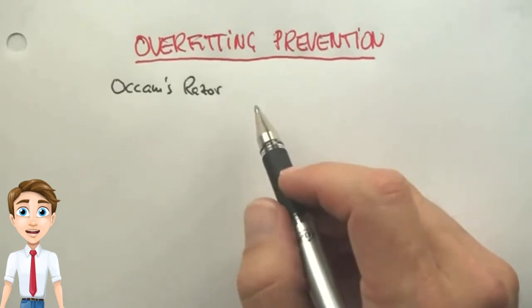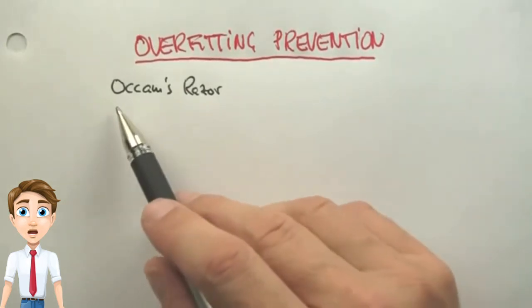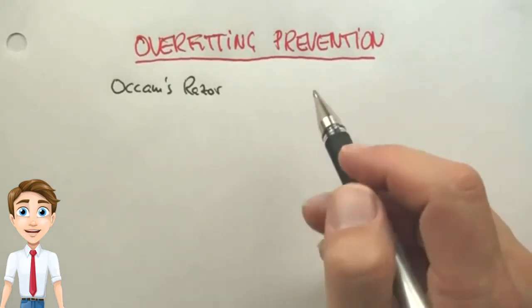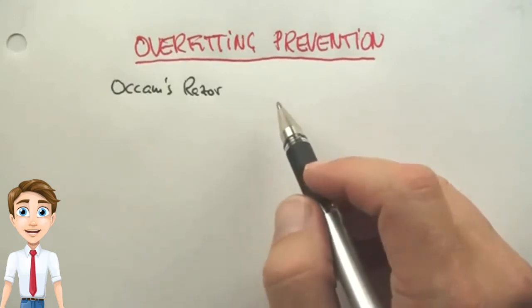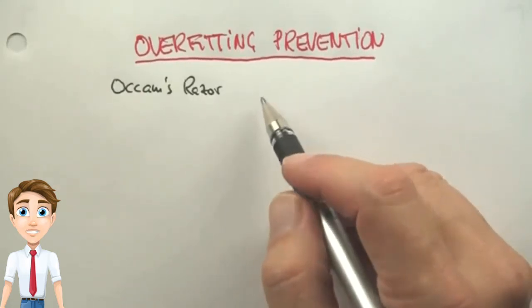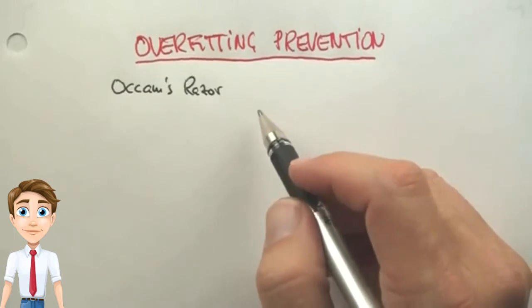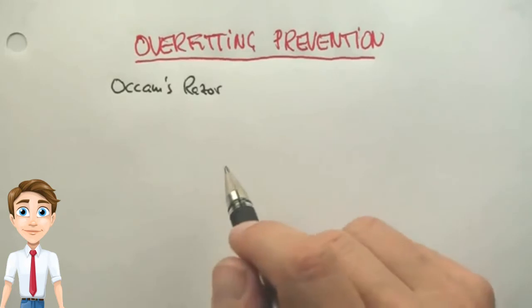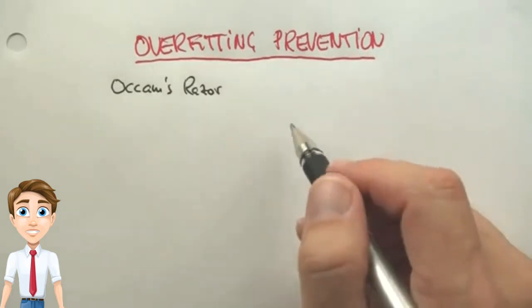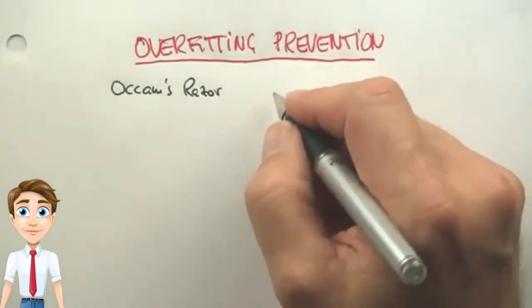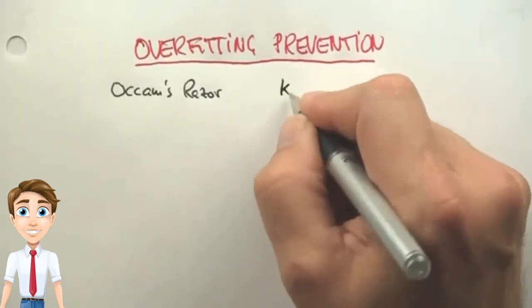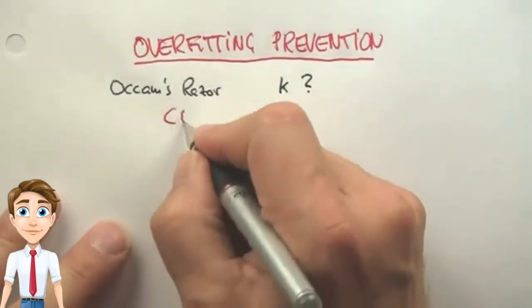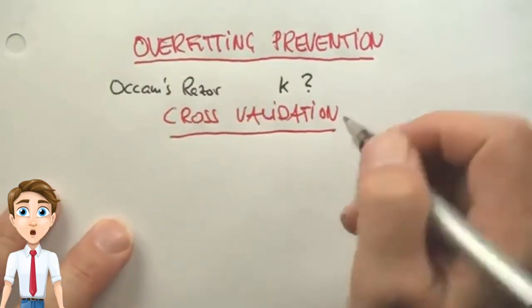And in Laplacian smoothing, we already found one way to let Occam's razor play, which is by selecting the value k to make our statistical counts smoother. I alluded to a similar way in the image recognition domain, where we smooth the image so the neighboring pixels count similar. This all raises the question how to choose the smoothing parameter. So in particular, in Laplacian smoothing, how to choose the k. There is a method called cross-validation, which can help you find an answer.